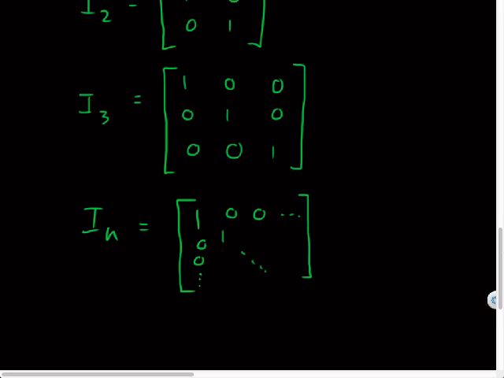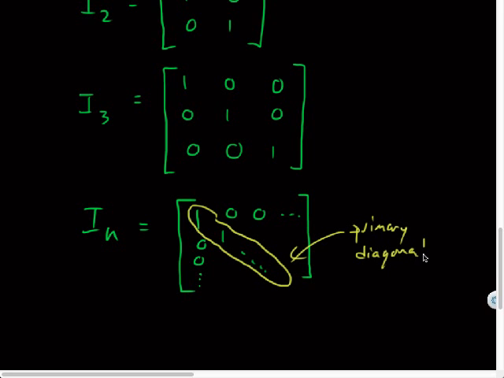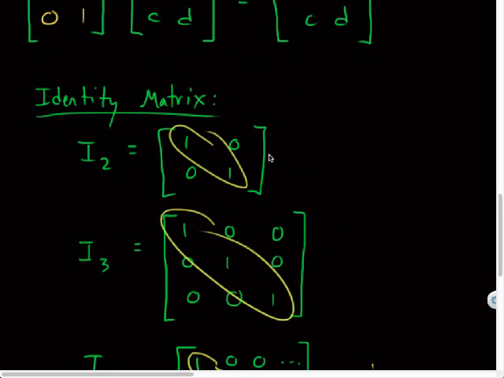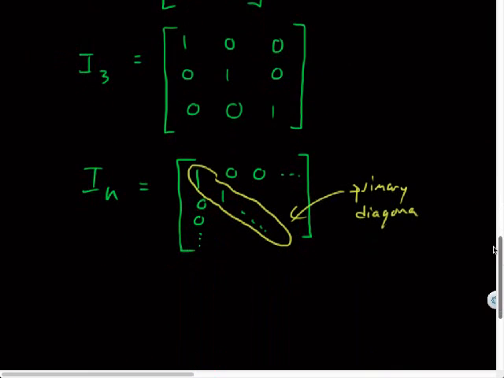I described this diagonal, by the way. This is my own terminology, but I'll call that the primary diagonal. So yeah, 1s are all along the primary diagonal and 0s are everywhere else. Okay? So that's the idea for an identity matrix.